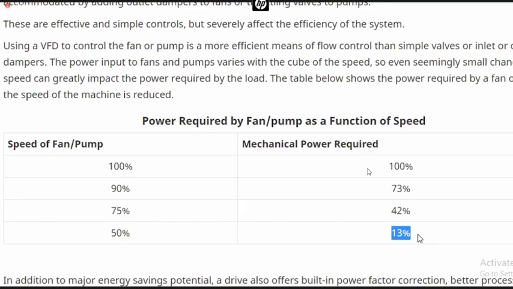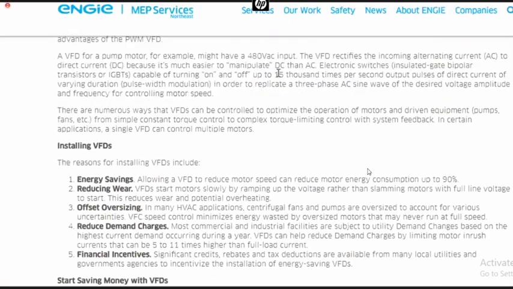That's why we are leaning towards this frequency control setup of different AC motors, and that results in huge savings in terms of energy, and definitely it's saving your bill as well. So we are leaning towards this type of circuit.